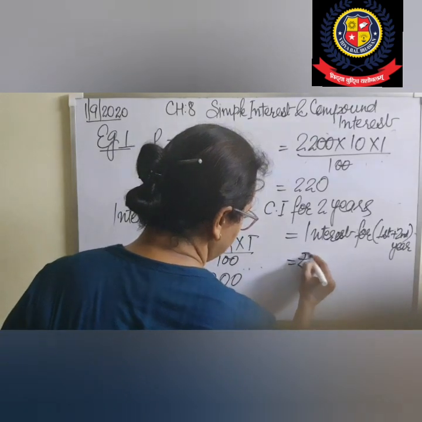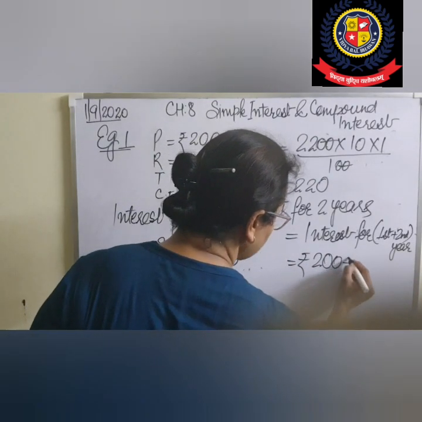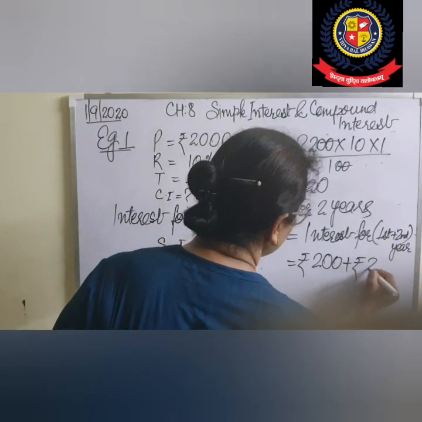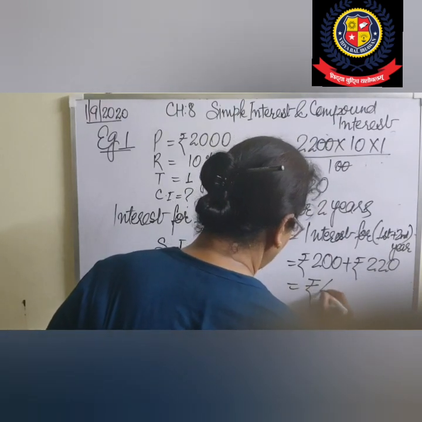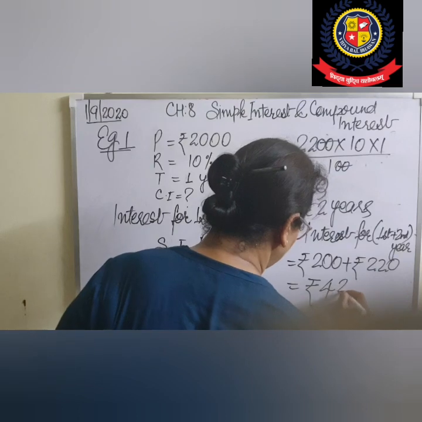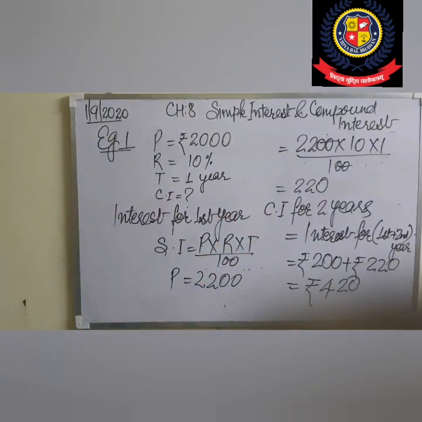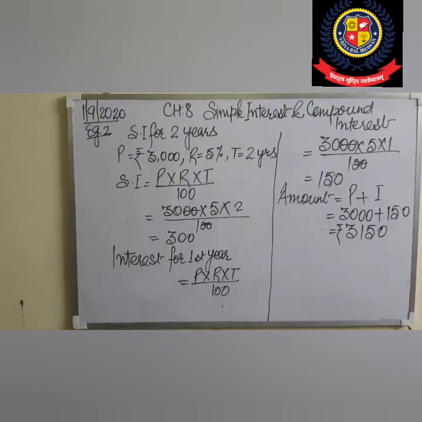And interest for second year is 220 rupees. So what is the compound interest? That will be 420 rupees. Right? Compound interest for 2 years is 420. Now students, I will go for example number 2.